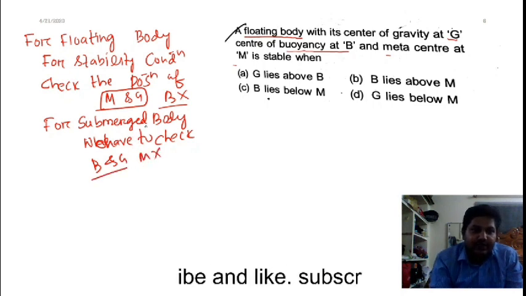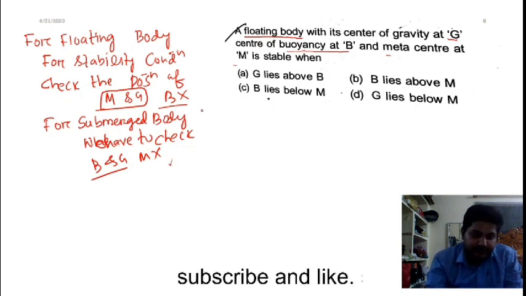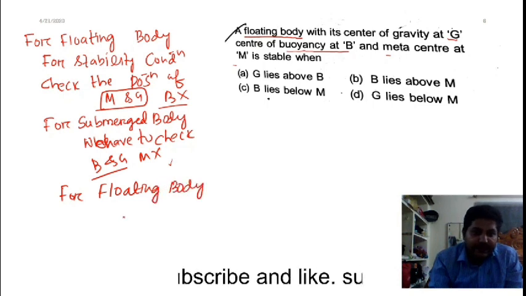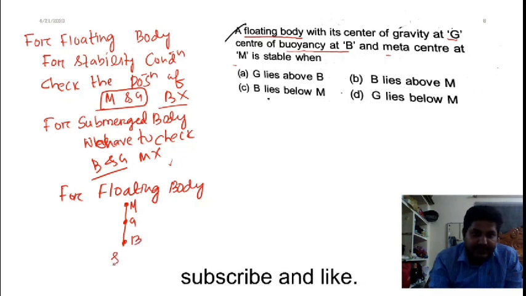Now here it is saying the floating body condition. Suppose the metacenter is M, this is G, and this is my point B. This is called the stable equilibrium condition.